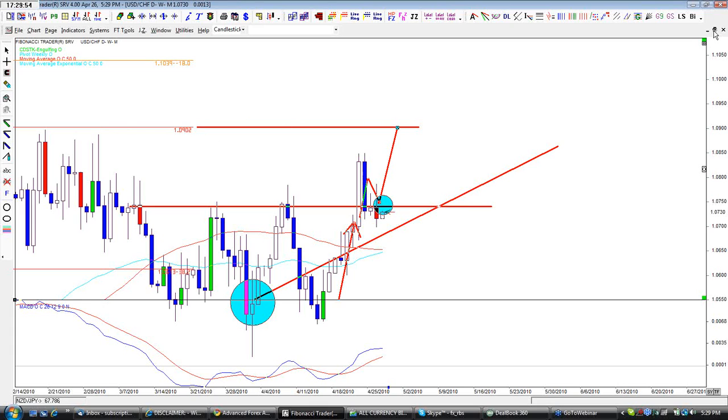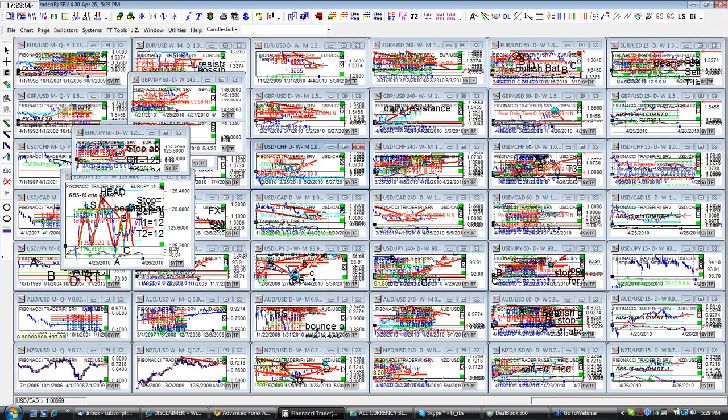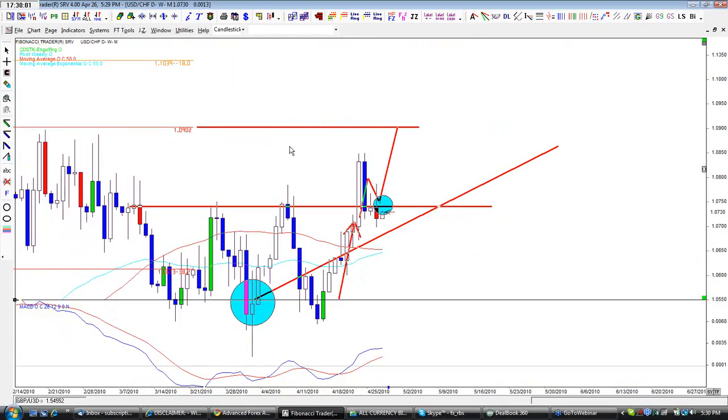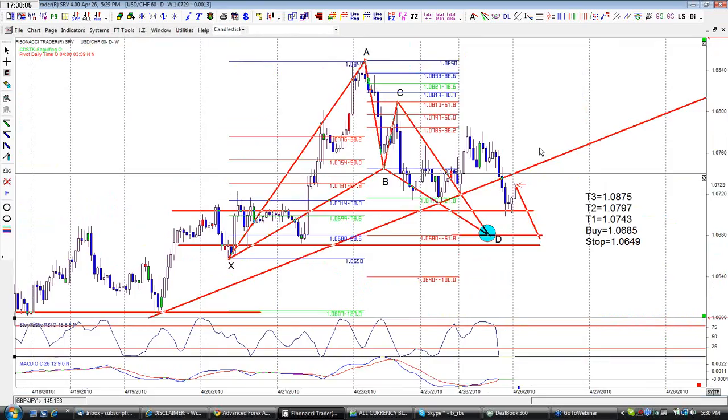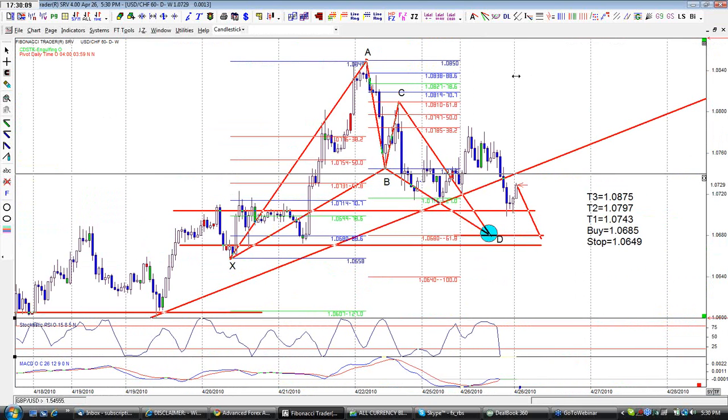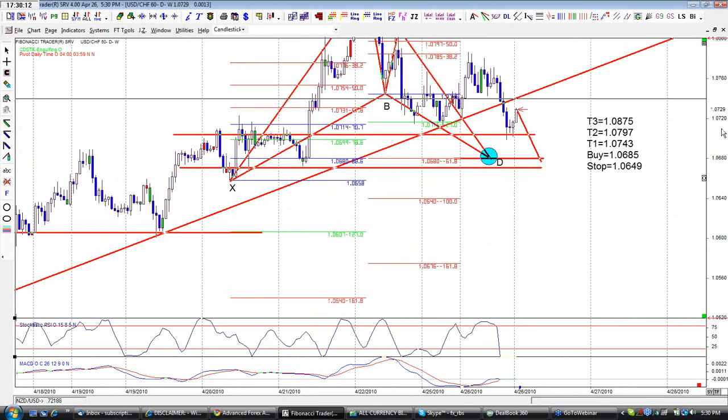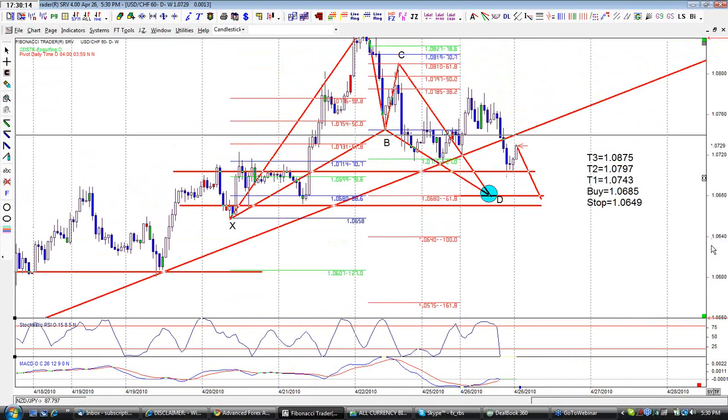So we're trading bullish. We're looking for bullish patterns. And we'll be trading bullish until we see a good reason to trade bearish. Now, price has not taken any lows yet.